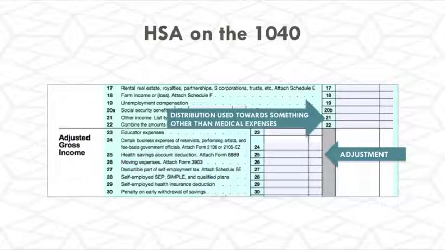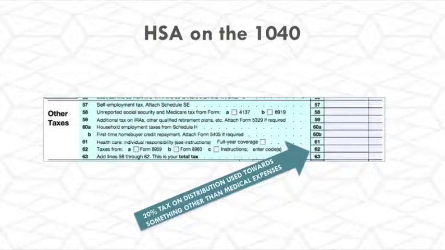And remember, on line 25, that adjustment does not include any contributions made by an employer. And then line 62 will include the 20% tax on distributions that were used towards something other than medical expenses, with a few exceptions, which we mentioned earlier.